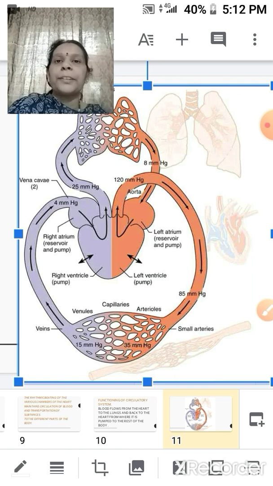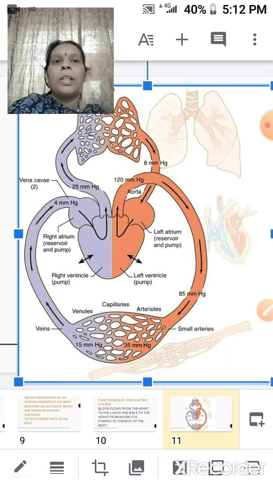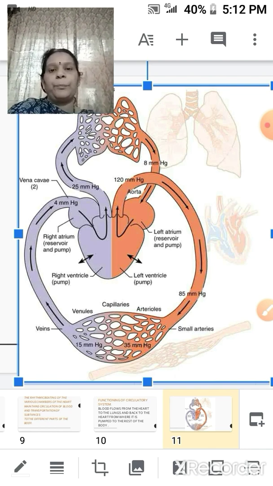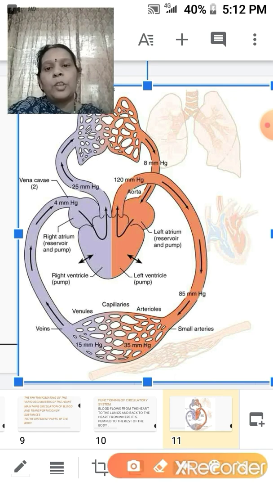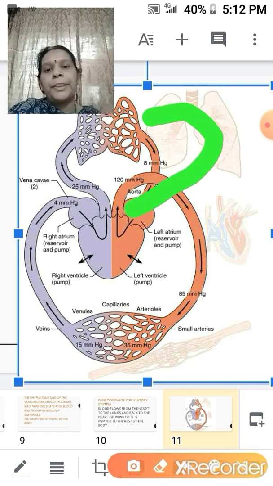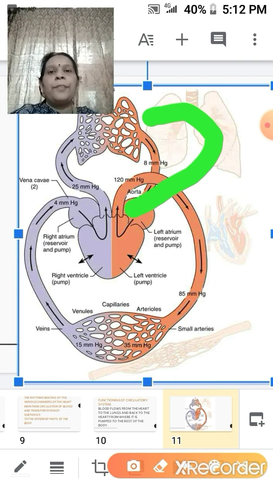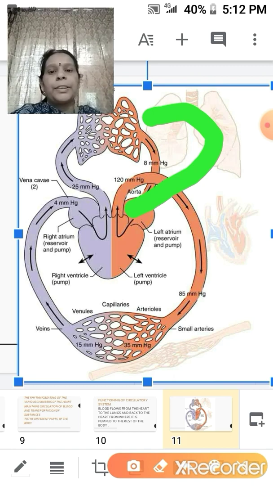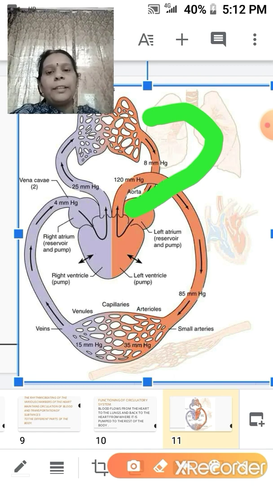The impure blood, that means the blood which is rich in carbon dioxide, flows from the veins into the right atrium of the heart. From here the blood enters the right ventricle. Here you can see that from the lungs the blood comes to the left atrium and then it goes to the left ventricle.